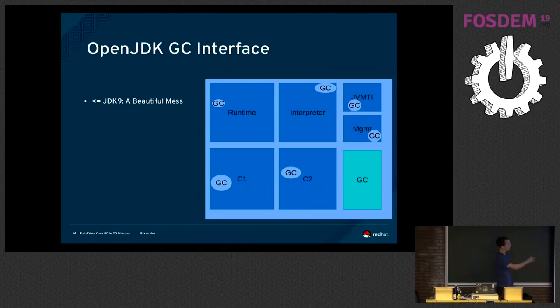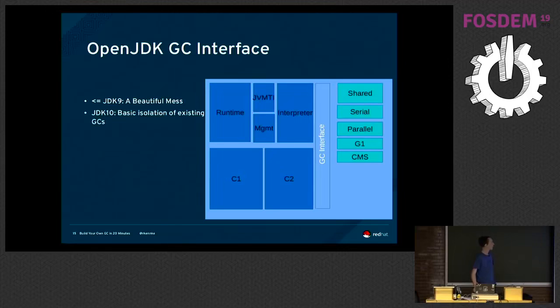So we would have a GC somewhere, and then all over the place in the runtime, interpreter, and C1 and C2 compilers and some other places, management, JVMTI, we would have little bits of GC-specific code. So our first goal in JDK 10 with the JEP 304 GC interface was to clean that up and isolate the GCs from the rest of the JVM, so that we have a little bit of shared GC code, and then we have all the existing GCs: serial, parallel, G1, and CMS.